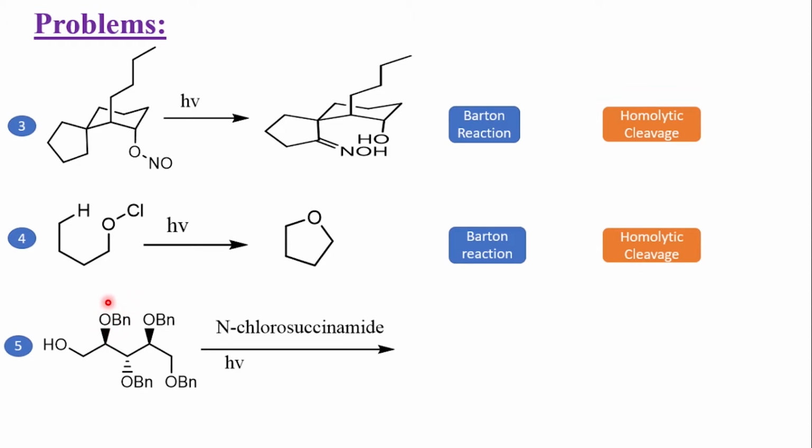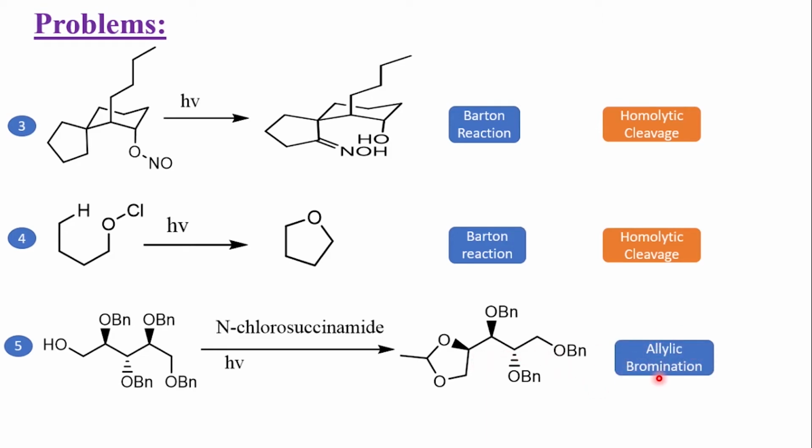So these CH2 protons are allylic protons. So this nitrogen radical will abstract these allylic protons to form an allyl radical. Okay, this allyl radical and this chlorine radical will couple here, and this oxygen will act as a nucleophile to form a cyclic compound. This is a type of allylic bromination reaction.